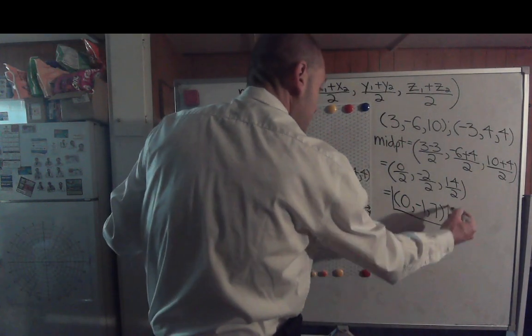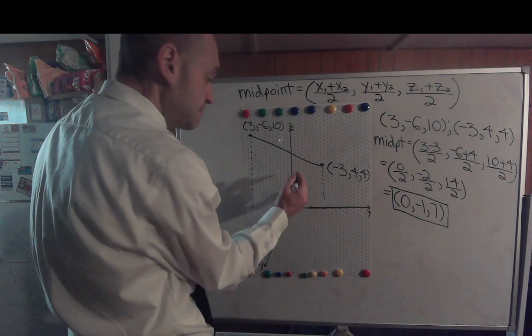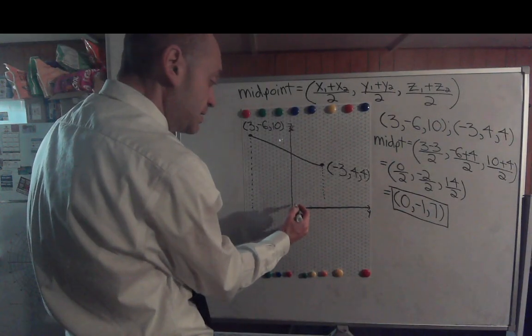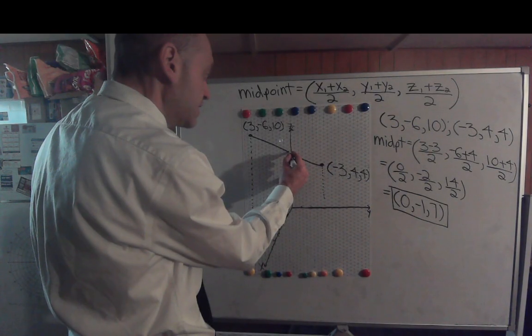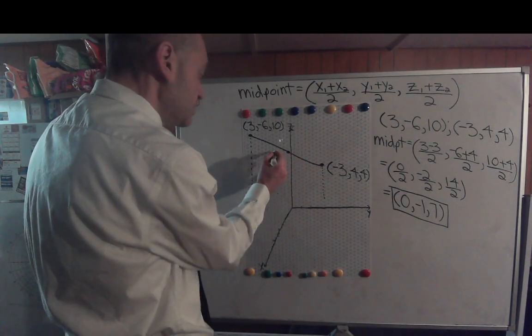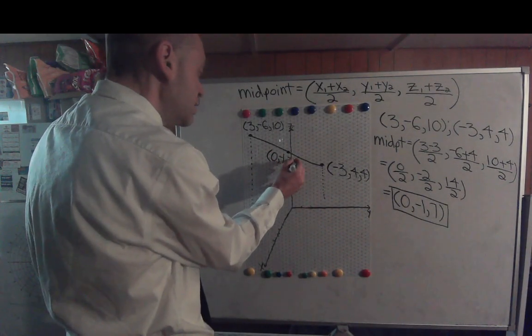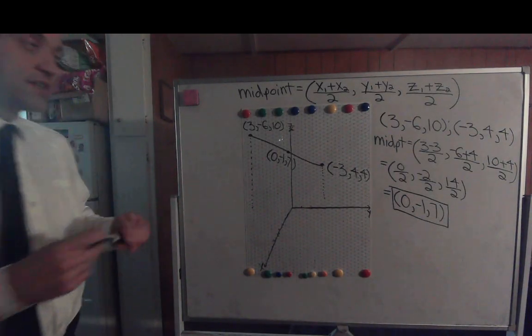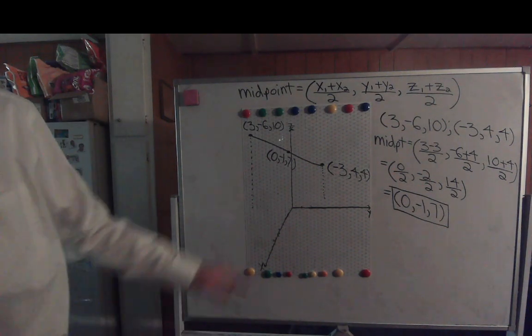So the midpoint of these two ordered triples would be at 0, negative 1, and then 7, which would be about right there, roughly. And you're never going to get this real exact unless you use computer software to generate your 3D sketch.